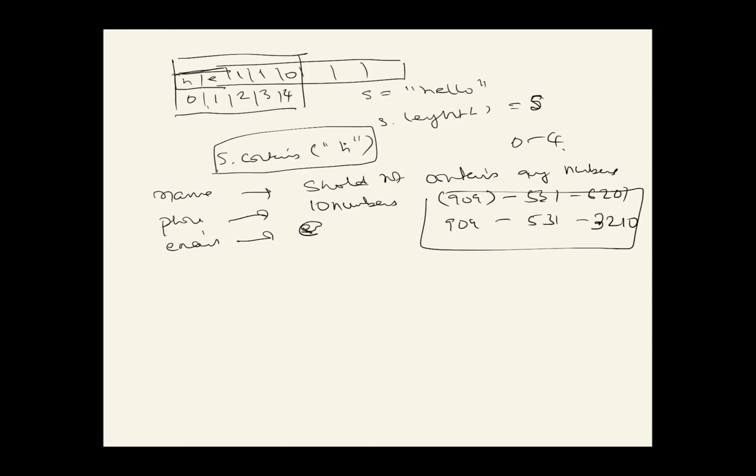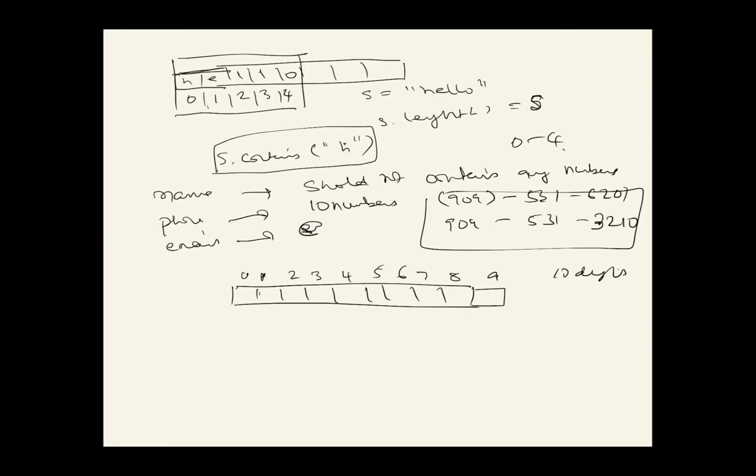Now, a few things that we need to know. In order to check for phone, this is my phone number: 0, 1, 2, 3, 4, 5, 6, 7, 8, 9, basically 10 digits. We go cell by cell. We take the first cell.